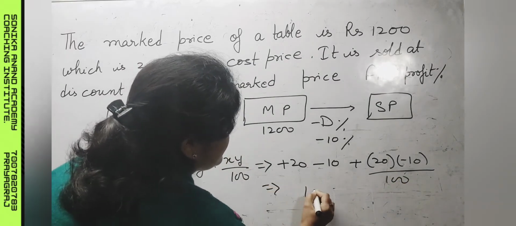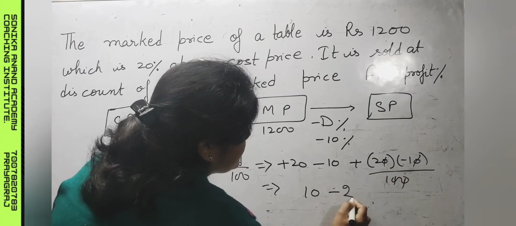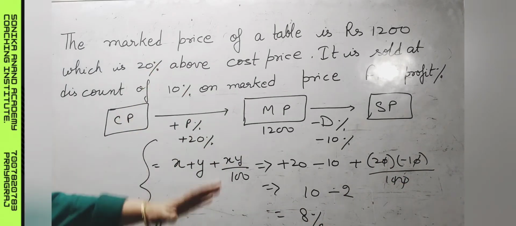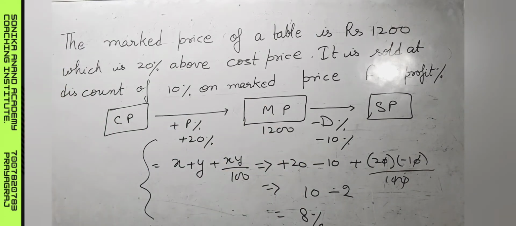So we get 10 minus 2, the two zeros get cancelled, that is 8%. So within a second we can easily get the answer of 8% without doing a lot of mathematical calculations.